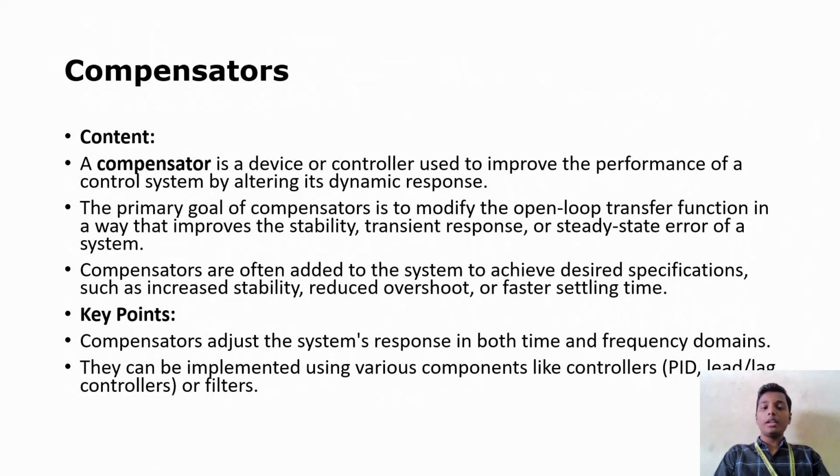Compensators are often added to the system to achieve desired specifications such as increased stability, reduced overshoot, or faster settling time. Key points. Compensators adjust the system response in both time and frequency domains. They can be implemented using various components like controllers, like PID, lag or lead controllers, or filters.